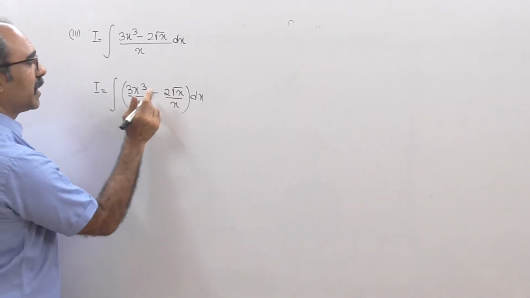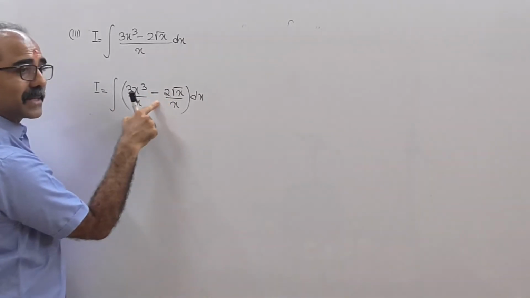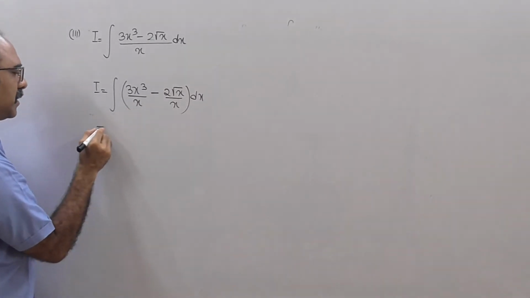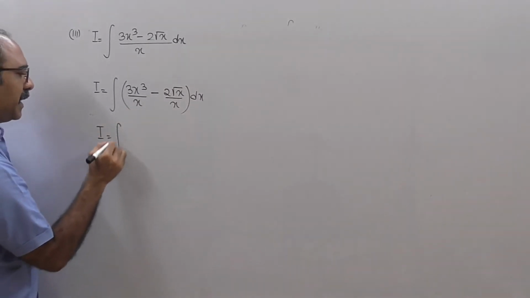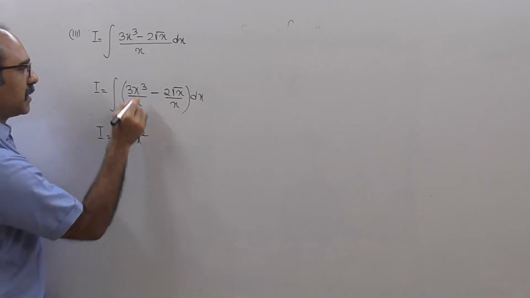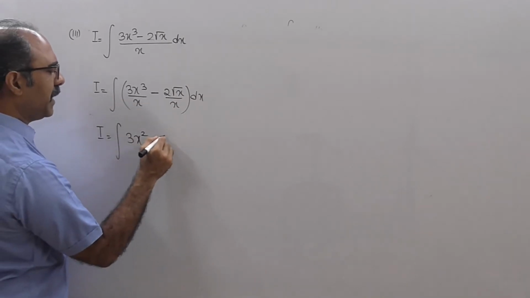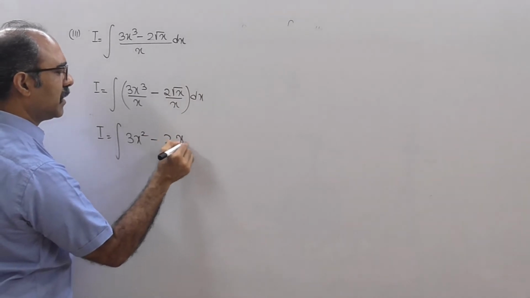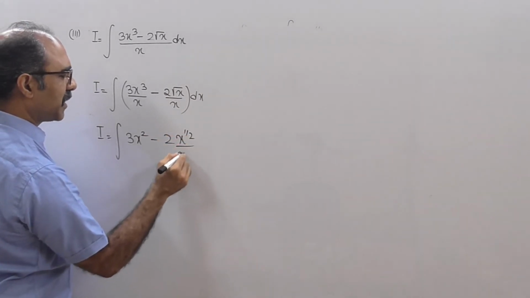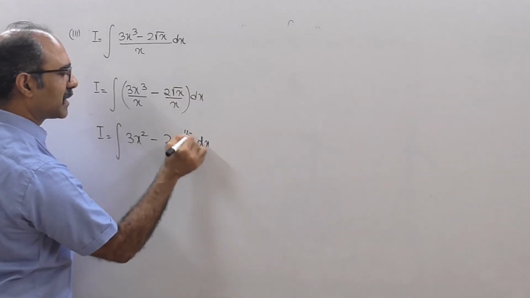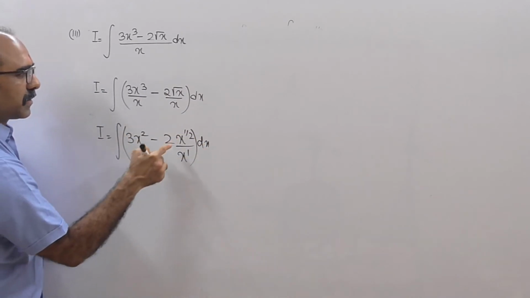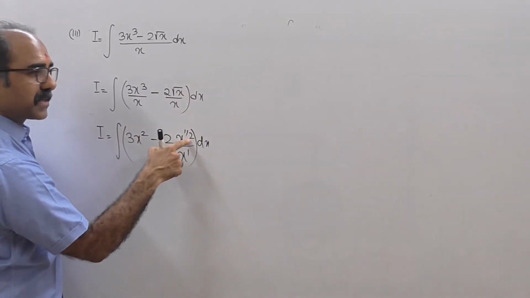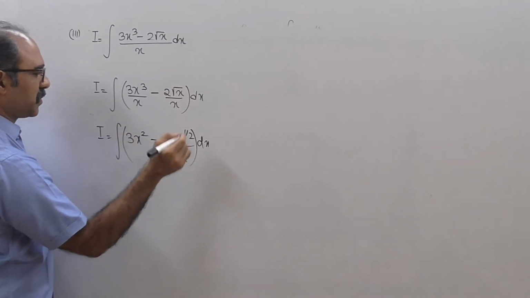So I get I equal to integration 3, this x gets cancelled, minus 2 root x upon x, which we cannot cancel. So I'll write root x as x raised to half and x as x raised to 1. Root x means the power of x is half, x means the power of x is 1.